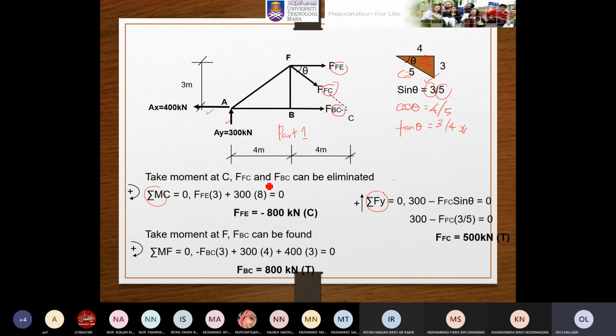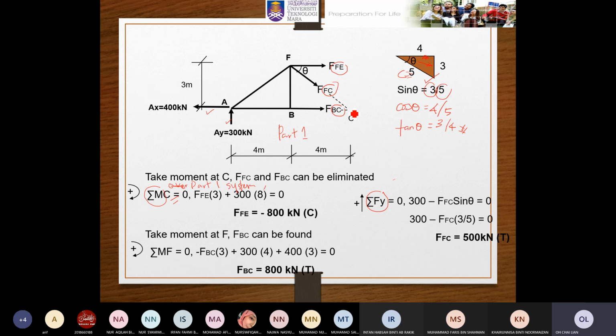Next, now we look at this statement. I'm going to go through maybe 1 or 2 only here. Now it takes summation MC here. You can help me put in your notes here. This is not looking at the overall system, they are looking at the part 1 system.